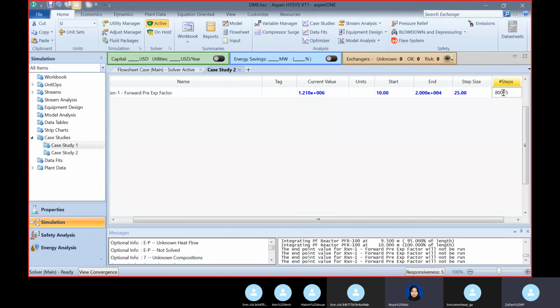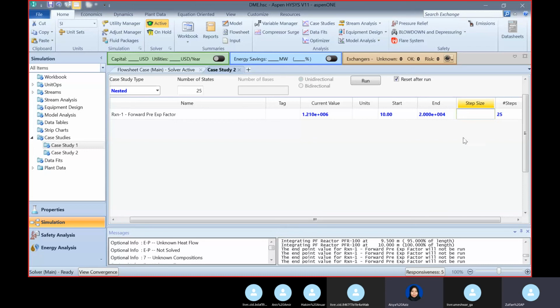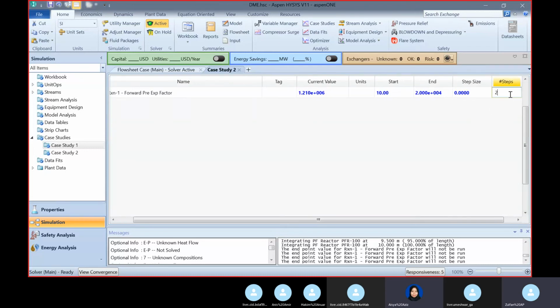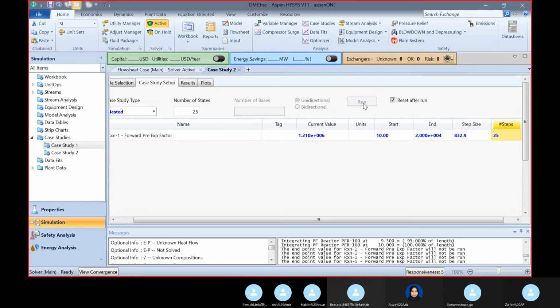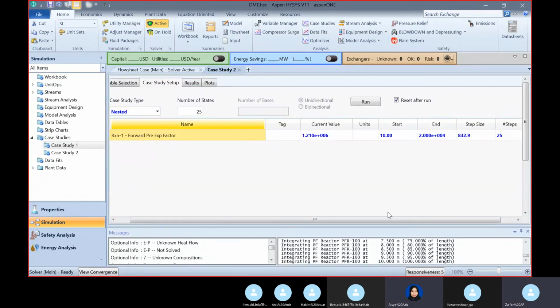Steps. Remove that step size, delete, enter, and then steps 25. Is it done? No, not yet. Be patient. Done? It's done.